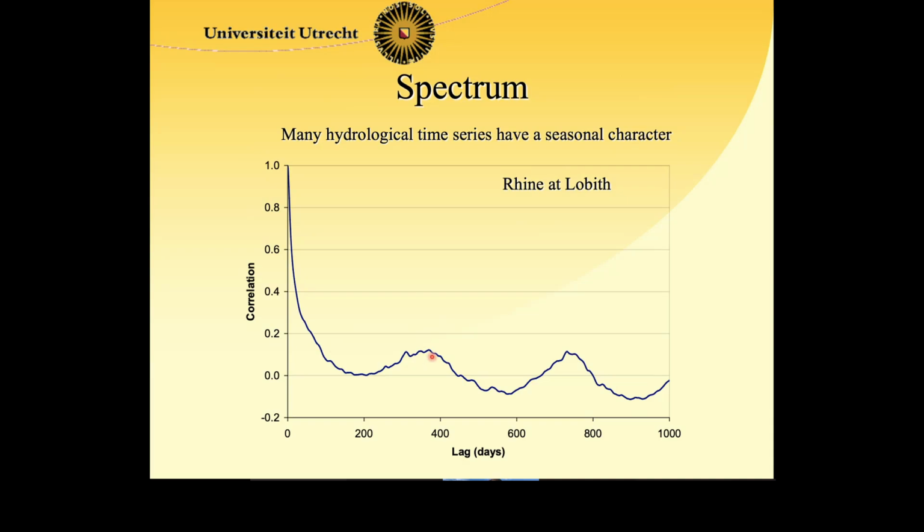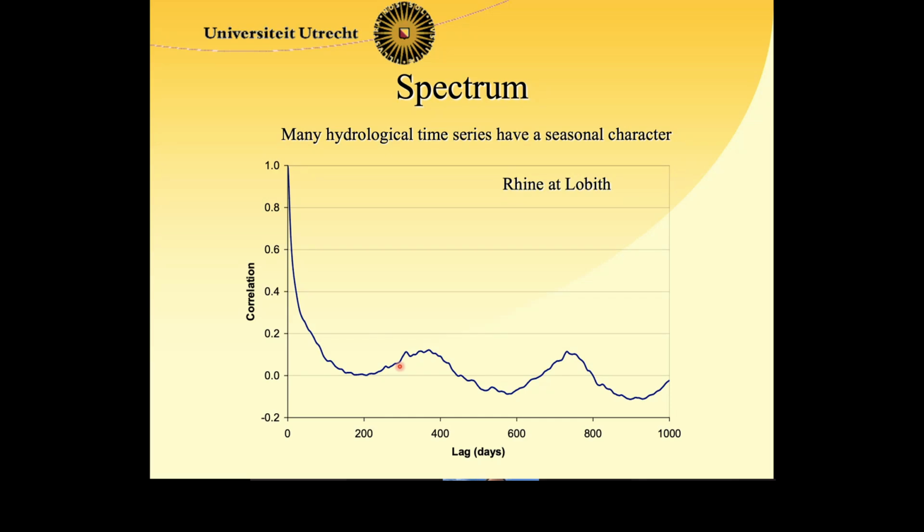Of course, this is exactly a year, and this has to do with the periodicity of the signal, because most of the higher discharges in the Rhine occur during the winter time. So you get higher correlations between a discharge in January and a discharge in January the next year than between the discharge in January and the discharge in August.